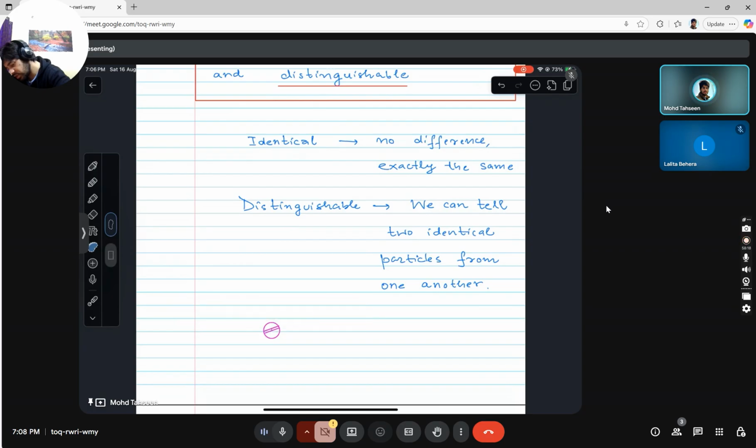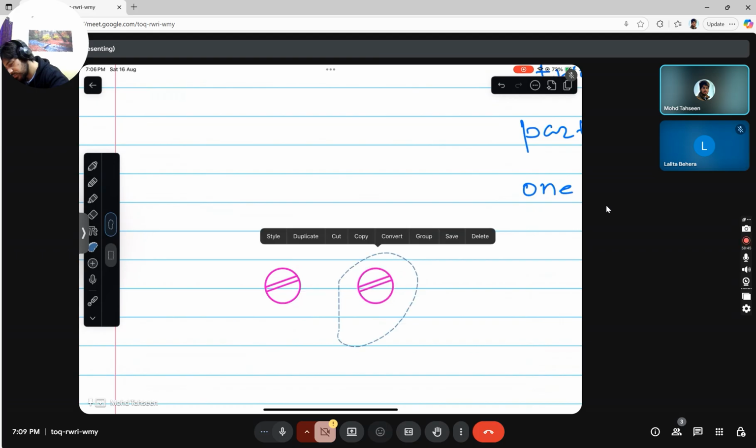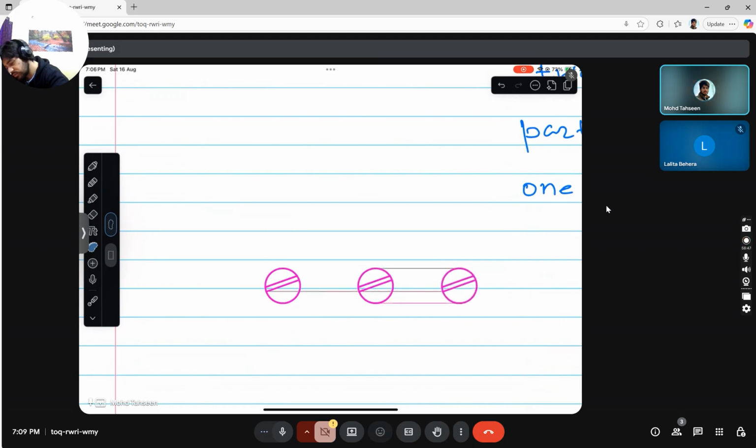Let's say this is a cricket ball, and let's say we have another one, and another one.